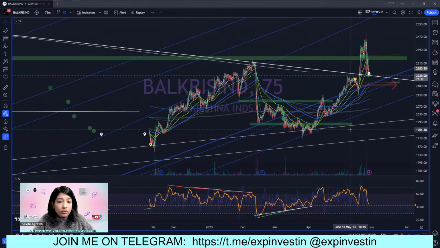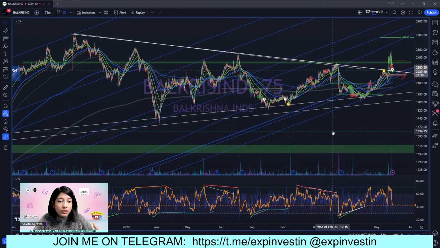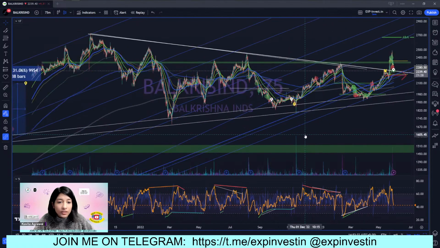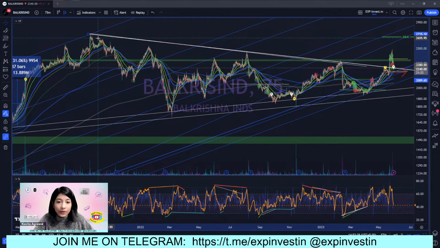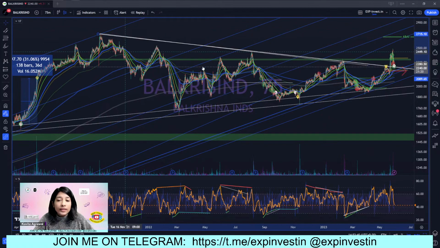Yeah, so moving down to the 75-minute time frame, this is what I wanted to show you. You can see I have drawn another trend line with a downward sloping line. Why? Because on this 75-minute time frame, from the price activity that we're seeing, the price of this stock was in downtrend.